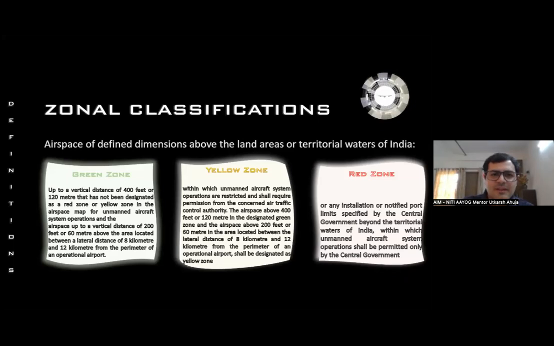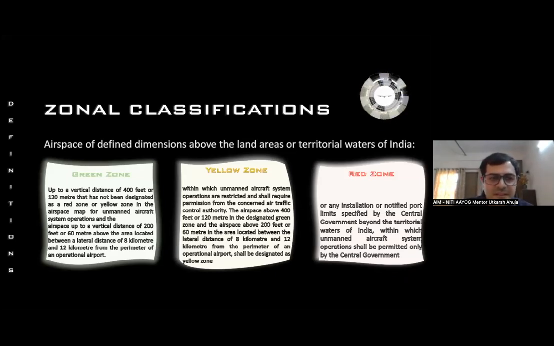So there are zonal classifications: airspace of defined dimensions over the land areas or territorial waters of India. There are 3 zones, permissible or non-permissible, which you have to be very much aware of while flying an unmanned aerial system.